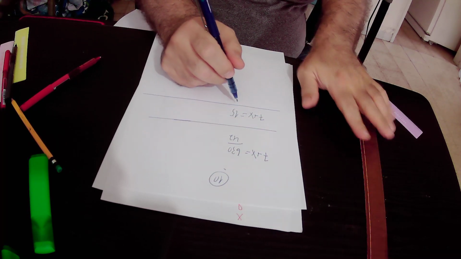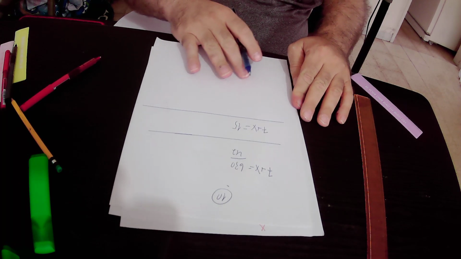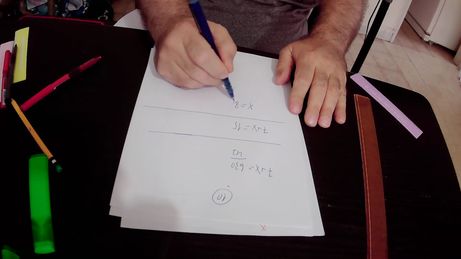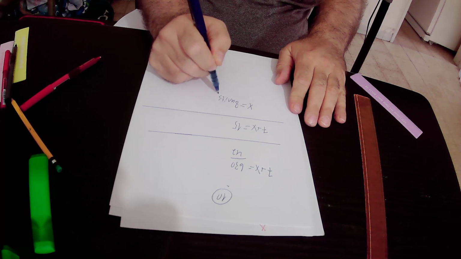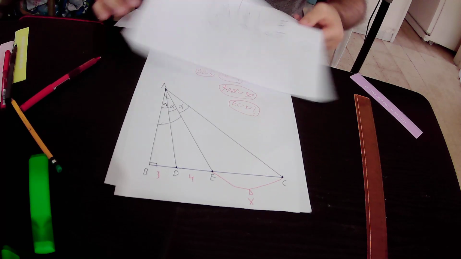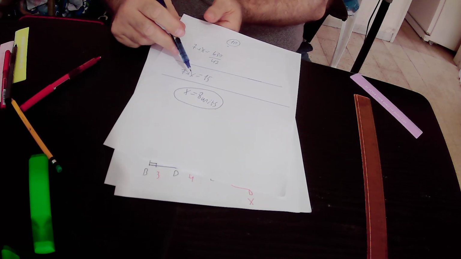Here we will subtract 7 from this equality, and we will get that x equals 15 minus 7, which is 8. So we found out that x equals 8 units.